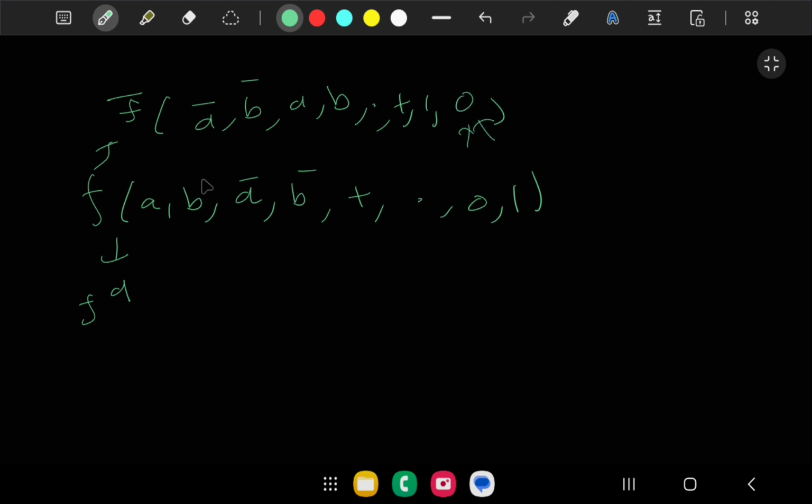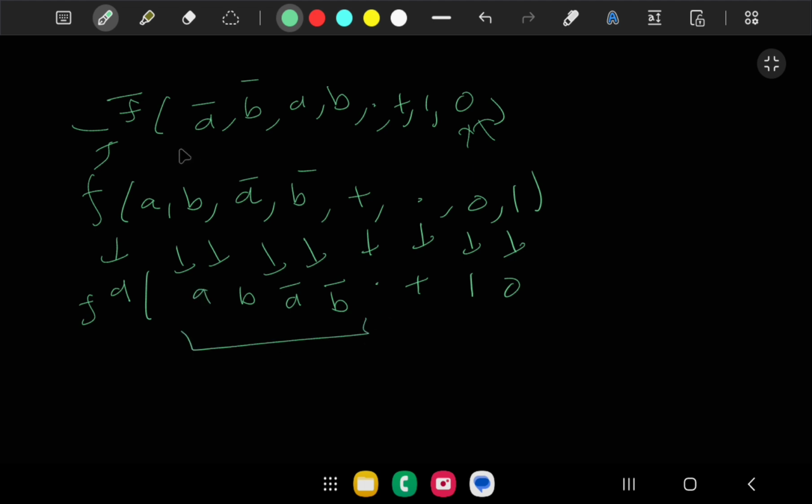All of these things will change. This was the complement. For dual, only these things will change. This will be b bar, this will be a bar, this will be b, this will be a. Don't disturb the literals, and here all of the things change.